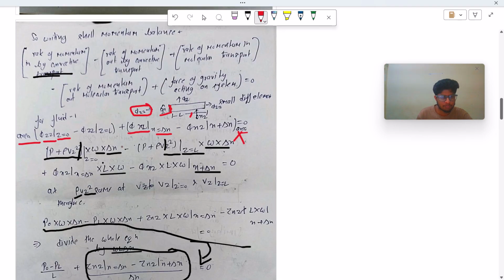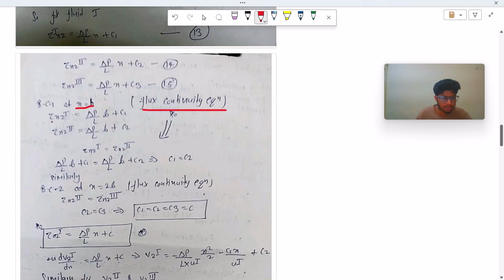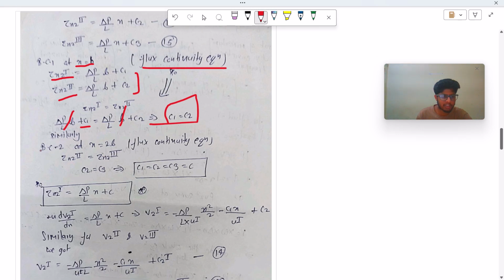Therefore, from flux continuity, we have shear stress tau xz1 equal to tau xz2. Writing these and cancelling both terms, delta p upon L into b on both sides, we get C1 equal to C2.